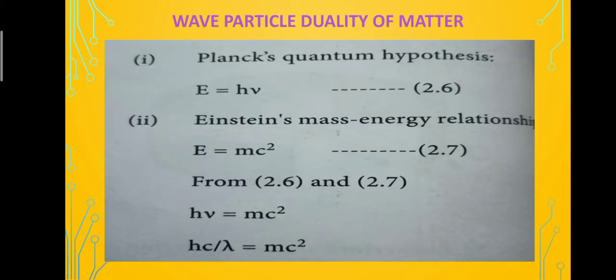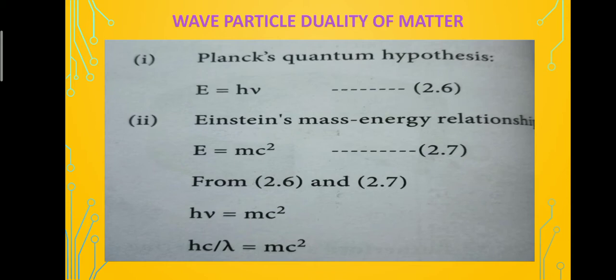And from Planck's quantum hypothesis, light is a form of wave, so according to that, the energy is equal to h nu. And according to Einstein's mass-energy relationship, E is equal to mc square, that is, when light behaves like a particle, the energy can be given as E is equal to mc square.